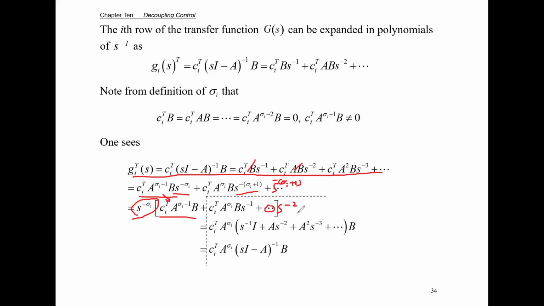That's how it works: I take this out, this one becomes this term, and then there are some other terms. Now, for all those terms, I can regroup them.